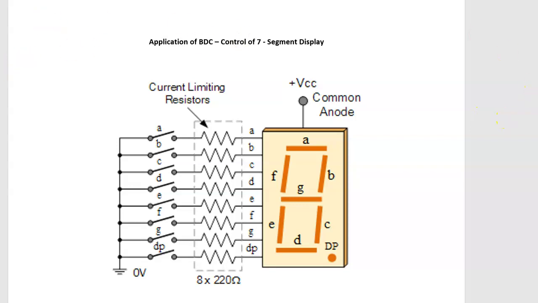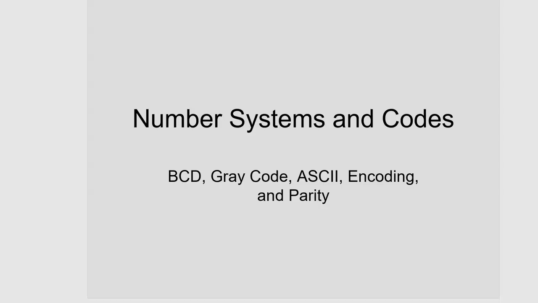So with this, I want to get into the video, the PowerPoint. This PowerPoint is titled Number Systems and Codes, but remember in an earlier lecture we talked about numbers. There's binary numbers, and then there's binary codes. The one major difference is binary numbers use what you might call place value, or position weighting.